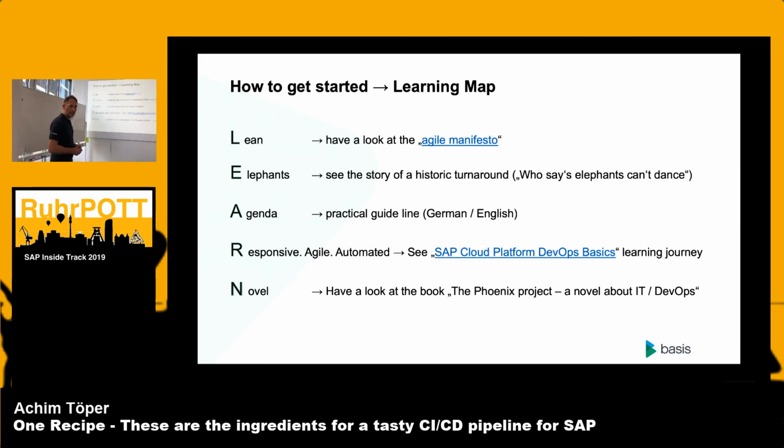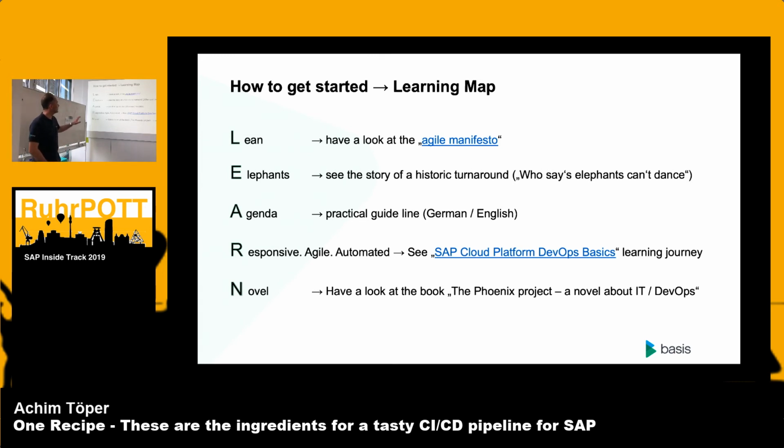So if you want to get started, if you want to get into that direction, maybe my takeaways for you. If you want to learn more about Lean and Agile IT, please go to the Agile Manifesto. There are 12 sentences there which are very important to get into the idea of it.